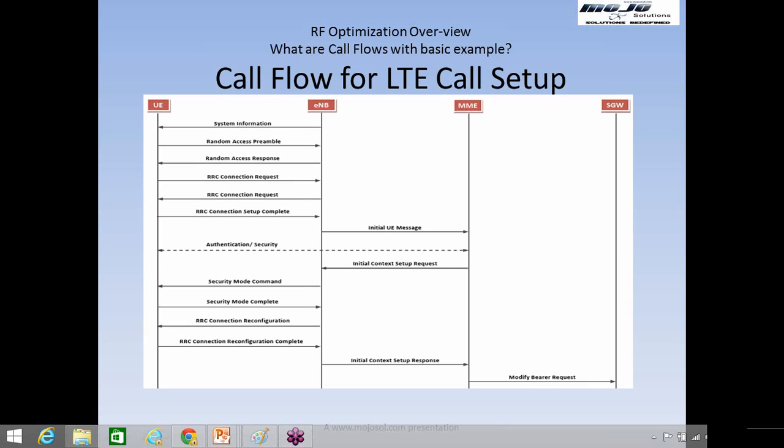And once you make a call, that bearer is modified to some throughput value, like 2 kbps, with some quality of service. So even if you're not connected, theoretically in LTE you have a bearer. That bearer does not have a traffic channel because there is no traffic.